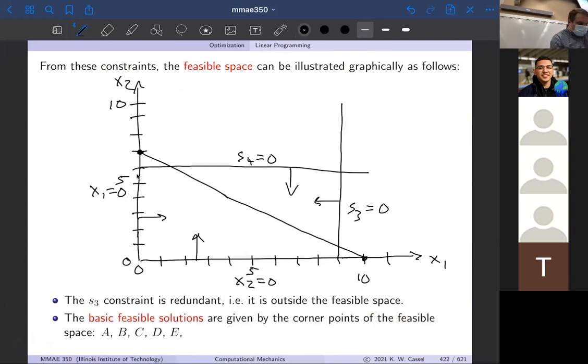So that corresponds to S2 is equal to 0. Oh, sorry, S1. Wait, it was 11, no? Did I get it wrong? Yeah, it's 11.